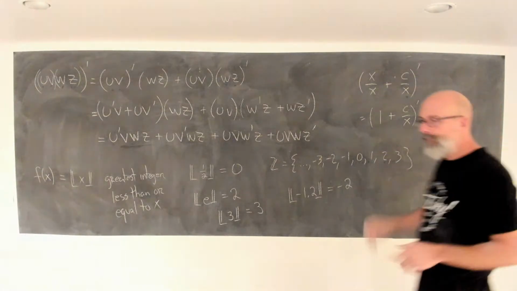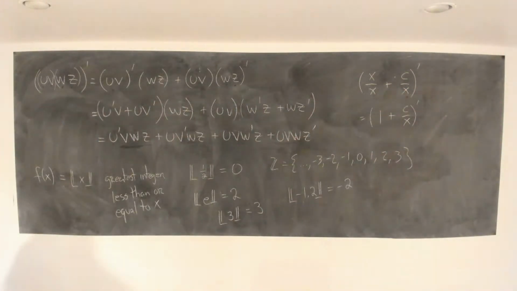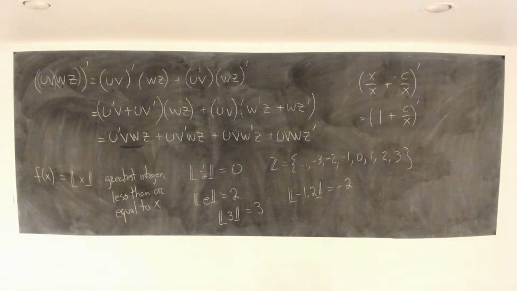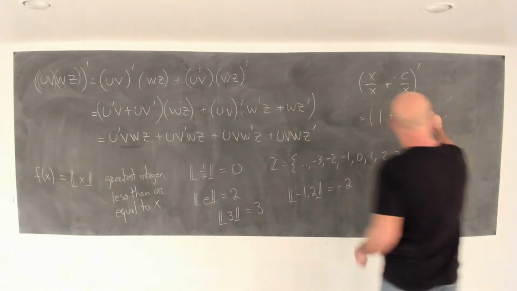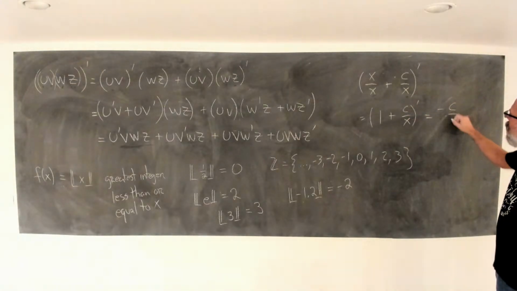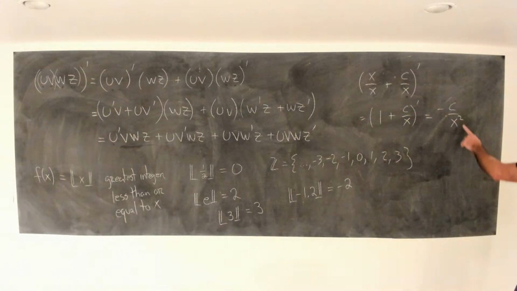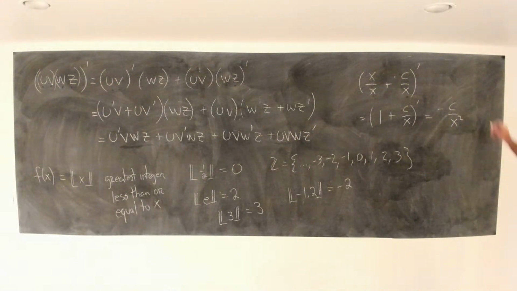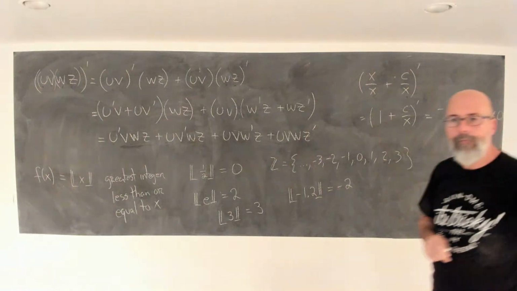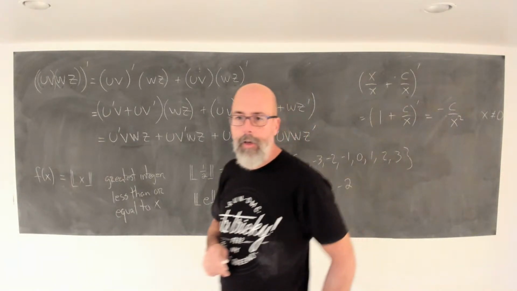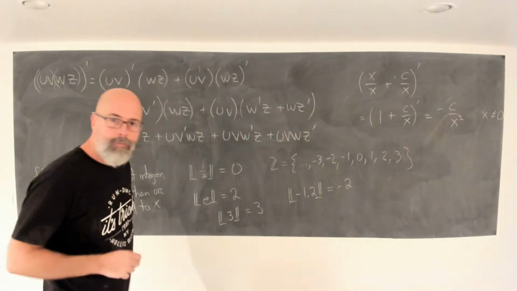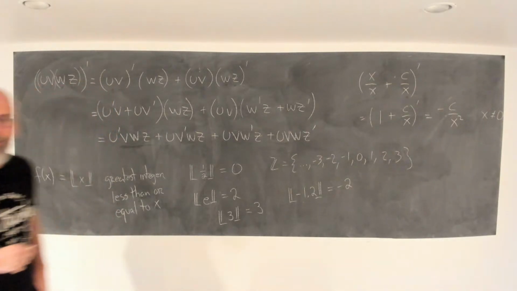So if we rewrite it this way, this is going to be minus c over x squared. This is valid as long as x is not 0. Oh, that's not what it was. X over x plus c over x.